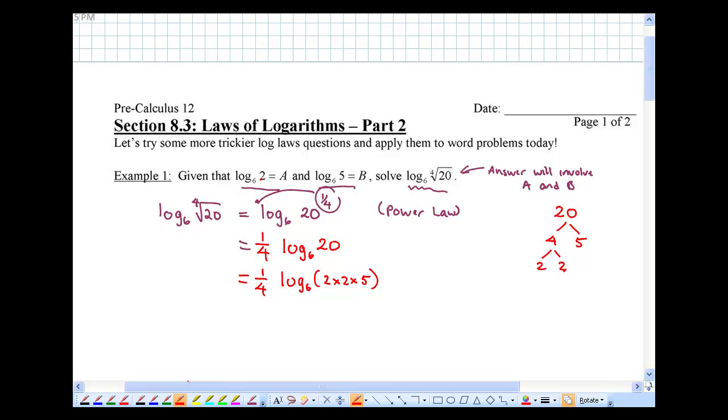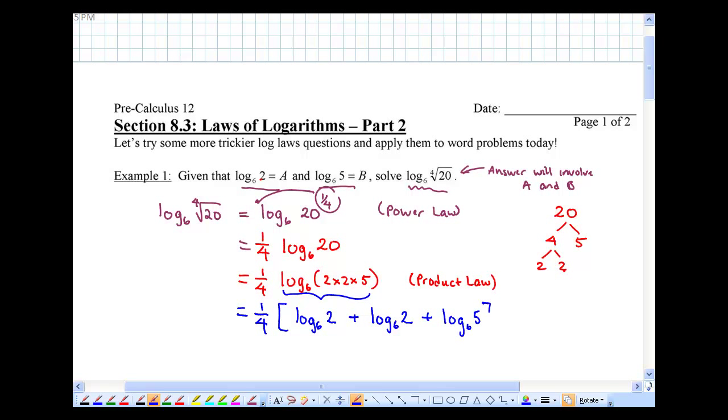How is this going to help me out? Well, at least now I see the 2 and the 5. I see also multiplication. So in terms of the log laws, I can use the product law and rewrite these as addition. So 1/4, and now I'm going to ask you to rewrite this as addition: log base 6 of 2 plus another log base 6 of 2 plus a log base 6 of 5. That's, of course, using the product law.